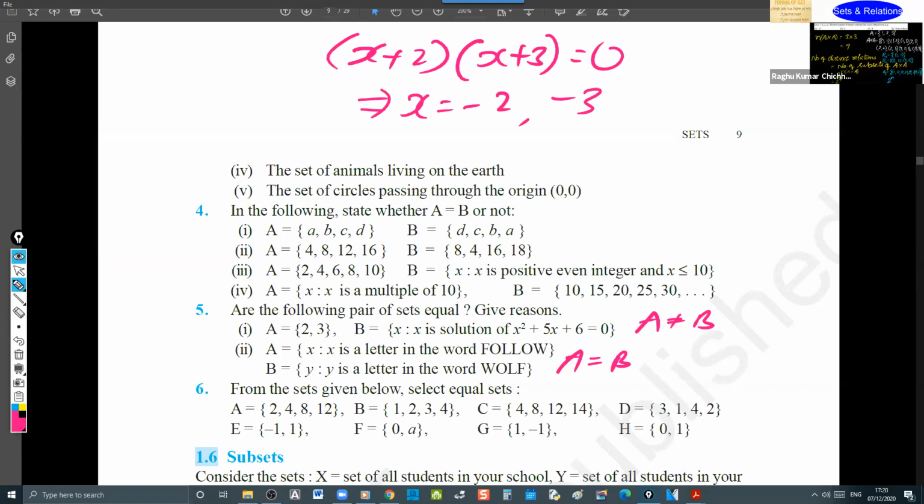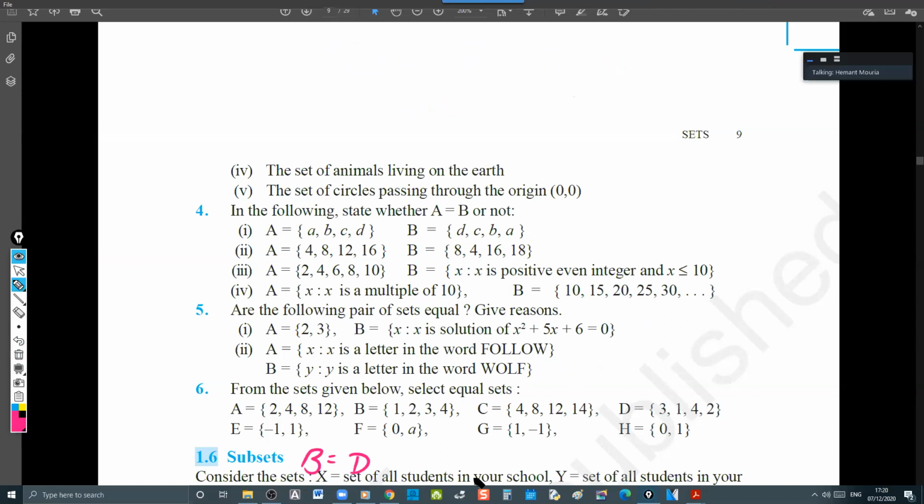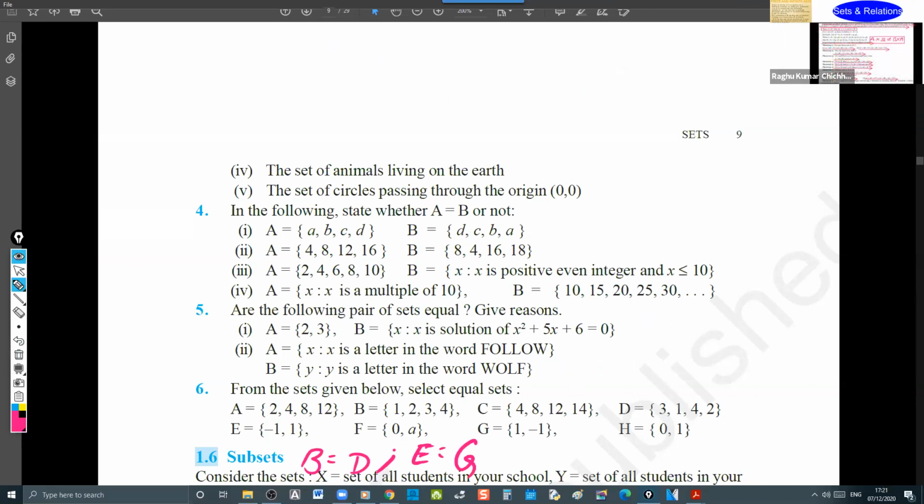B and D go together, sir. B and D, that's right. Only B and D, and E and G. Okay. Any more, Chaitanya? We don't have any more, sir. Yeah, that's it.